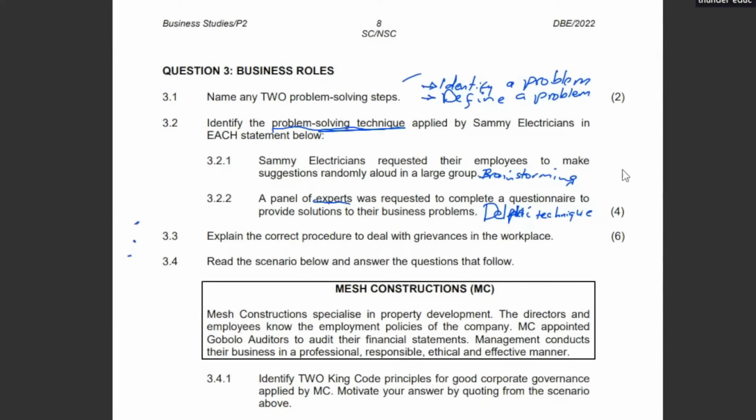We are saying that an aggrieved employee must verbally report the incident to the manager.